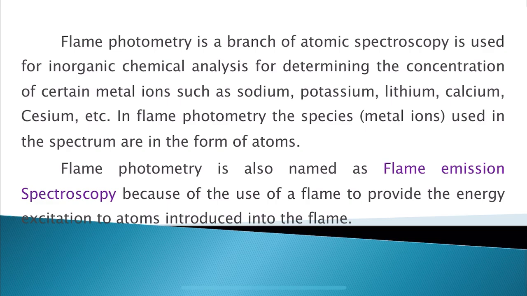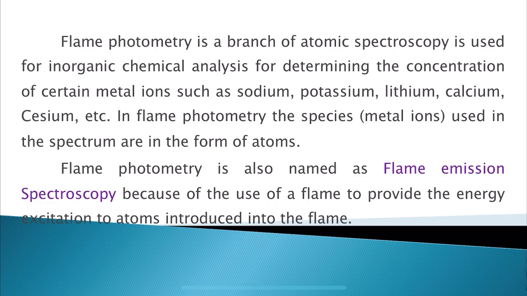However, they are not stable in the higher energy state, so they have to return to the ground state. While returning to the ground state, they emit light. The energy absorbed by the element to excite from the lower to the higher energy state is emitted when they return to the ground state.